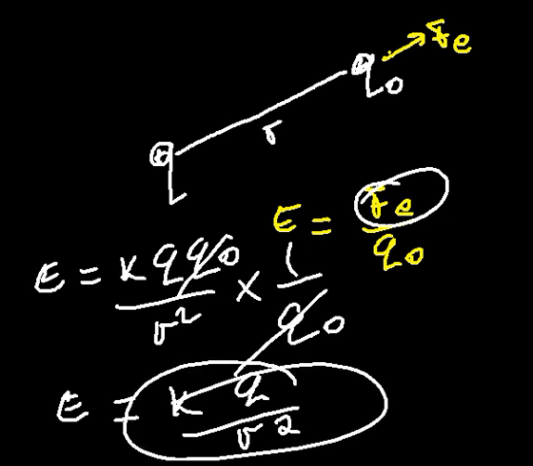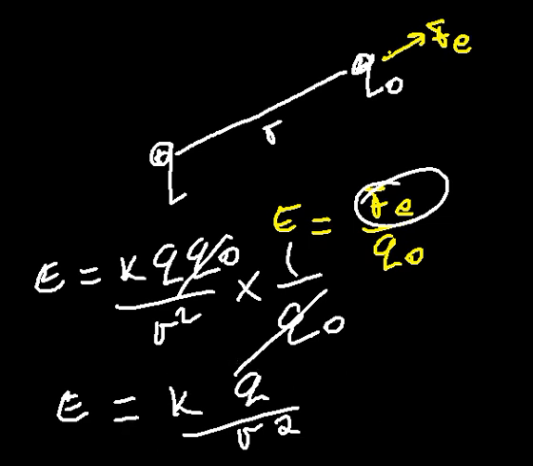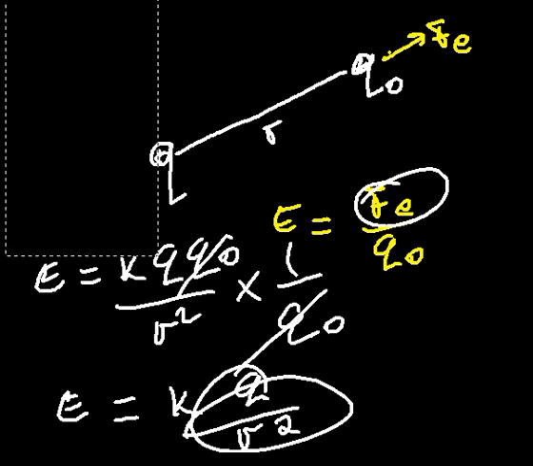So this is how we find the electric field due to the point charge. If we know the point charge, and we would like to find the electric field at whichever point, this is the formula that we use to find the electric field due to the point charge.